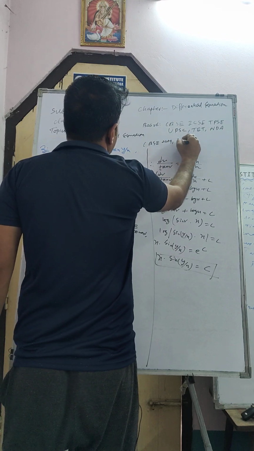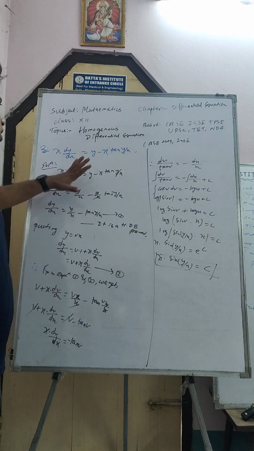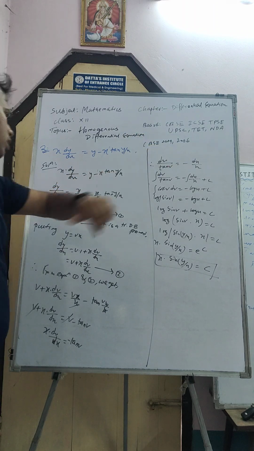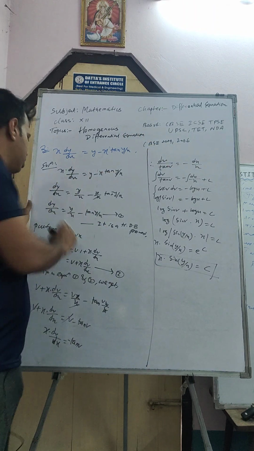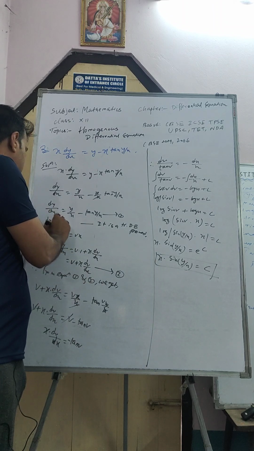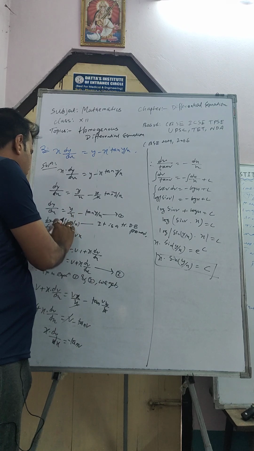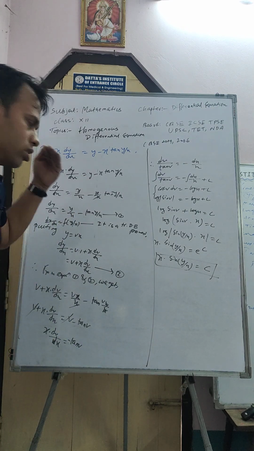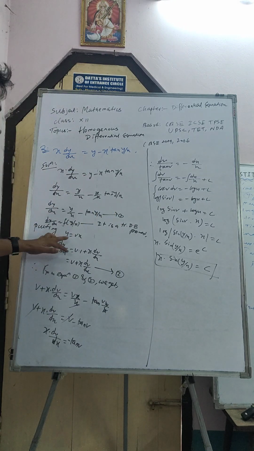So I write the equation first, and after that I divide both sides by x, and after simplification it becomes dy by dx in the form of f of y by x. So it is a homogeneous differential equation. After that I solve it by putting y equal to vx.